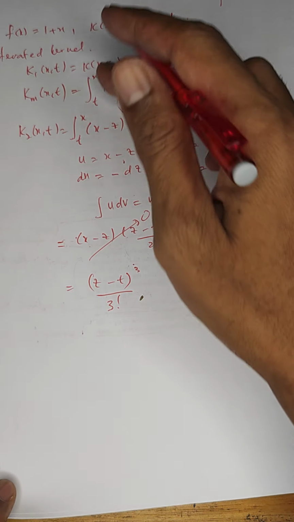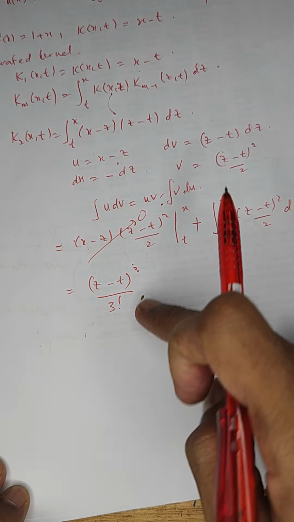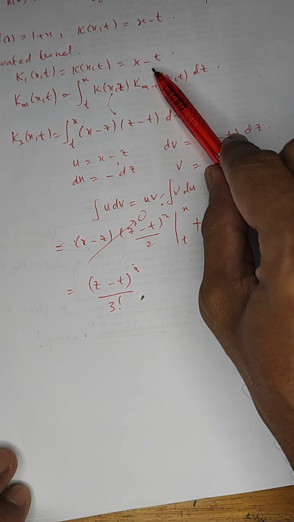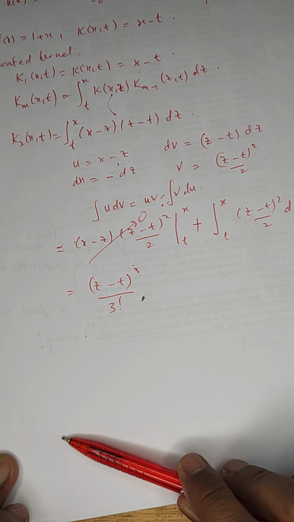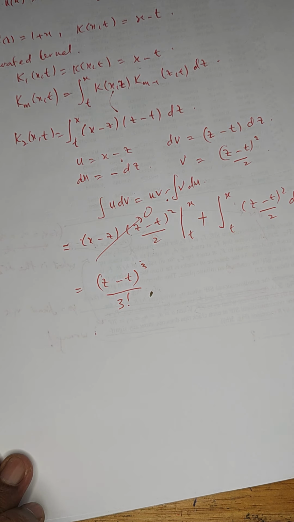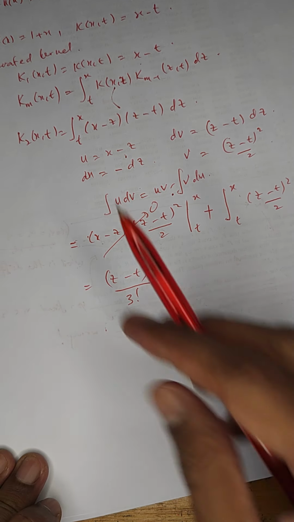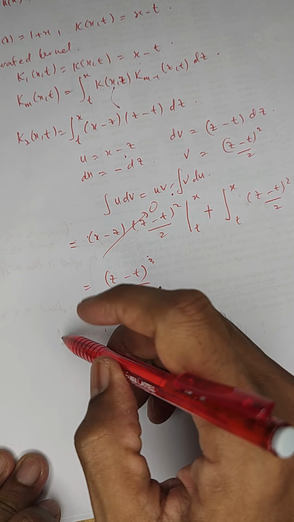So from here, K_1 is x - t, K_2 is (x - t) cubed over 3 factorial. Maybe you can do one more, K_3, to find the general term, but from there I can have the general term already.